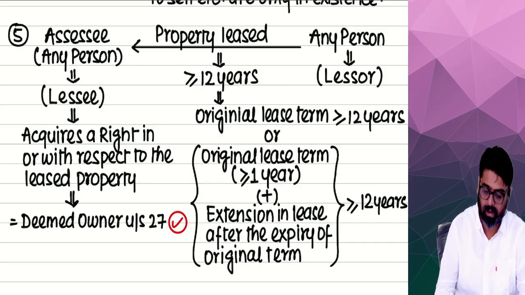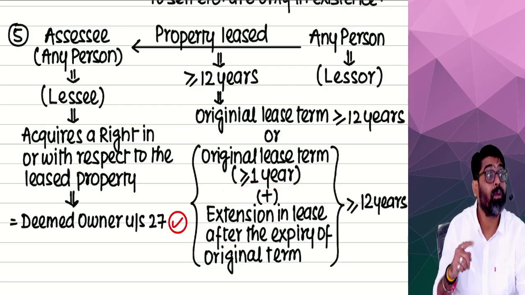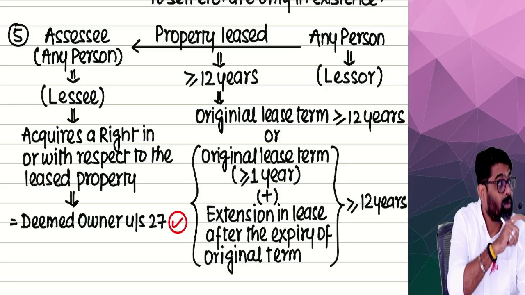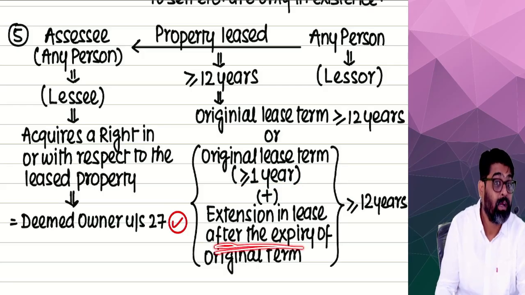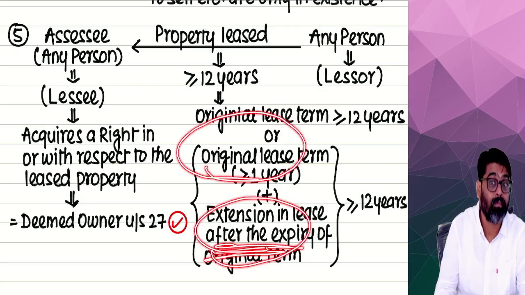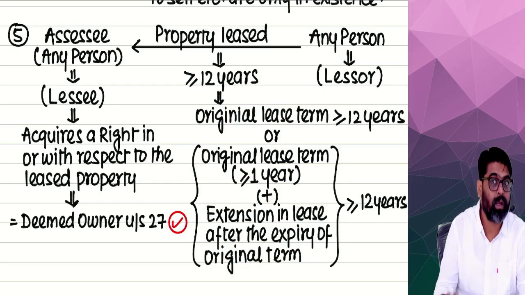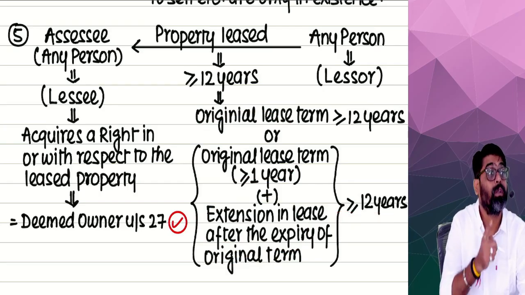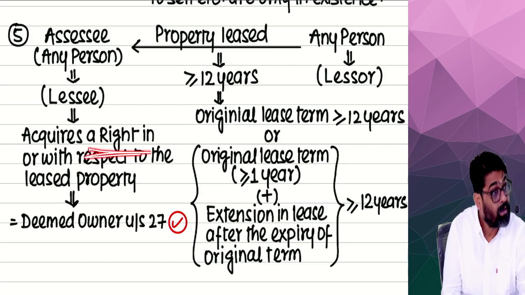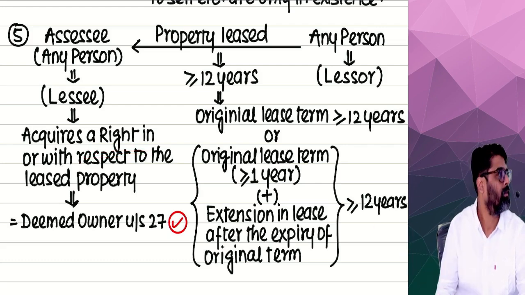Because if it becomes 12 months or more, 1 year or more, and by mistake there is a clause in the lease agreement for extension, and that extension and the 1 year or more taken together come to 12 years, the tenant will get the right for that period.